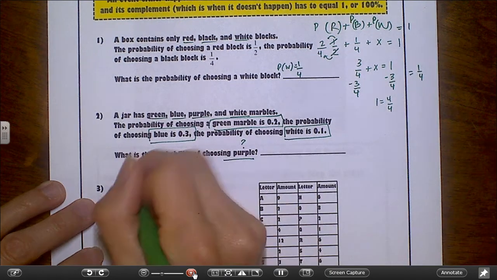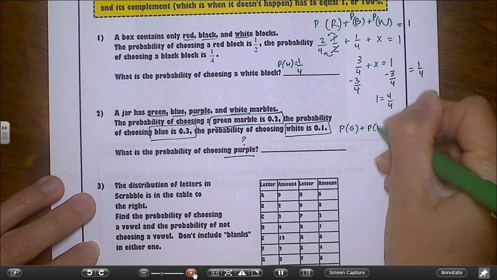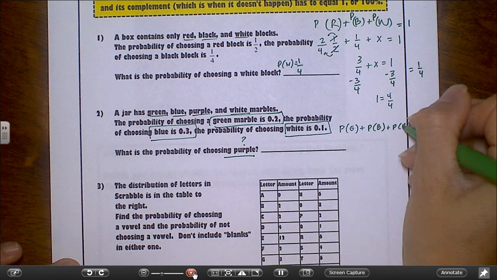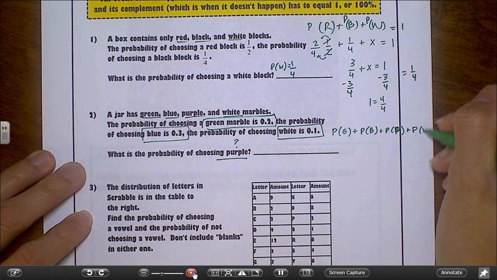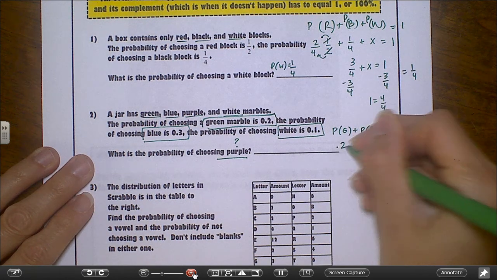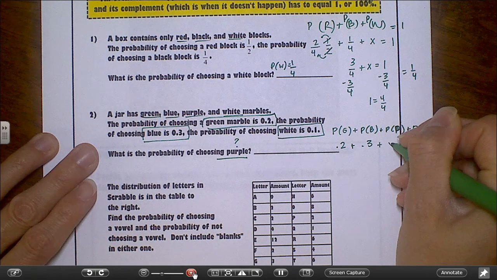Right, so again, this will be probability of green plus probability of blue plus probability of purple plus probability of white. Probability of green is 0.2. Probability of blue is 0.3. Purple, we don't know.